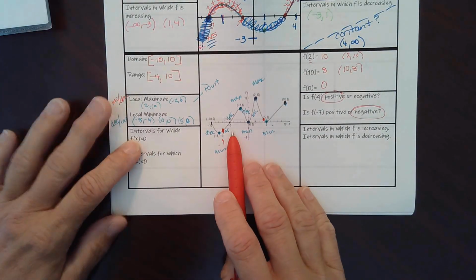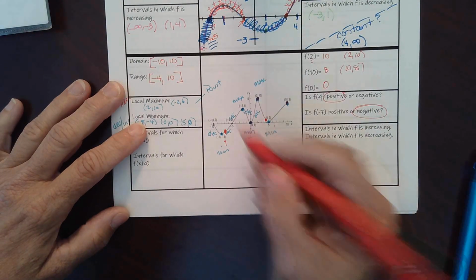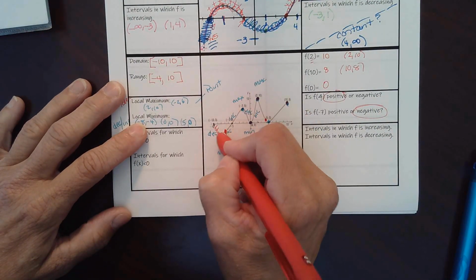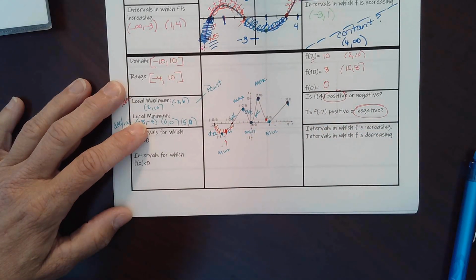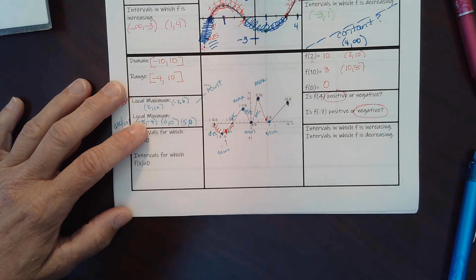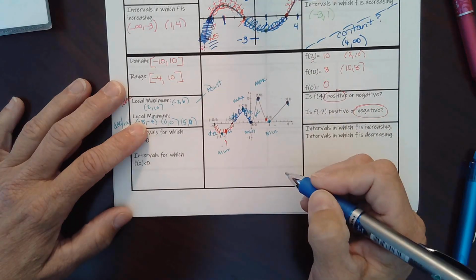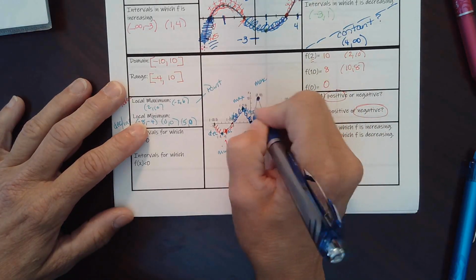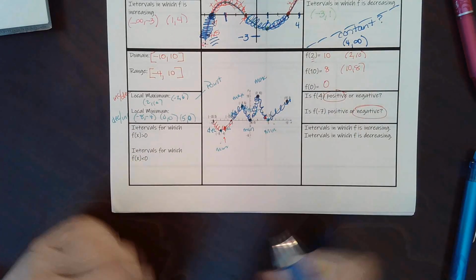So looking at the graph, it is below the x-axis here. The graph is above the x-axis on this portion. The graph is above the x-axis on this portion. And the graph is above the x-axis on this portion.